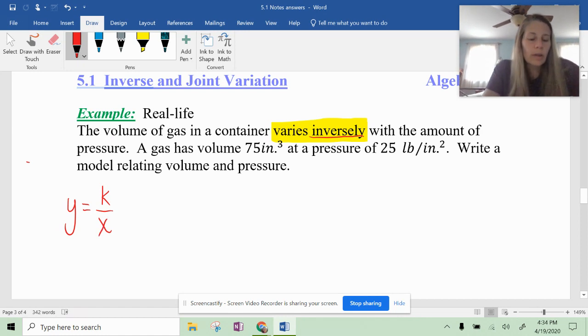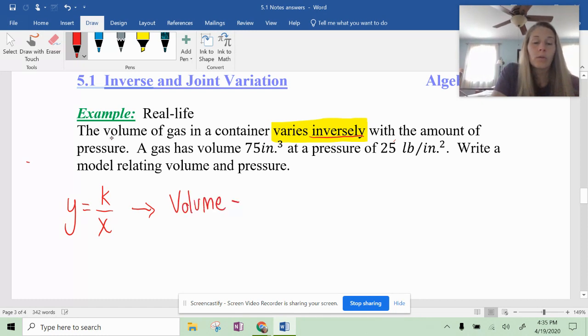And so with this formula, we want to relate these different items that we're talking about. It says the volume varies inversely with the amount of pressure. So this means we're doing the volume, which varies inversely with the amount of pressure. So this is how we're going to set it up.